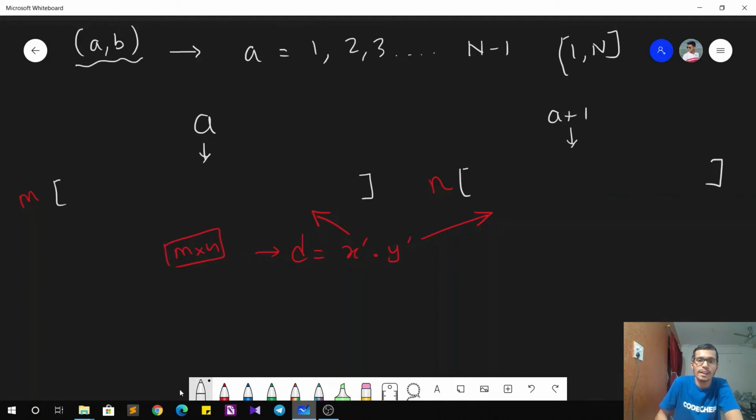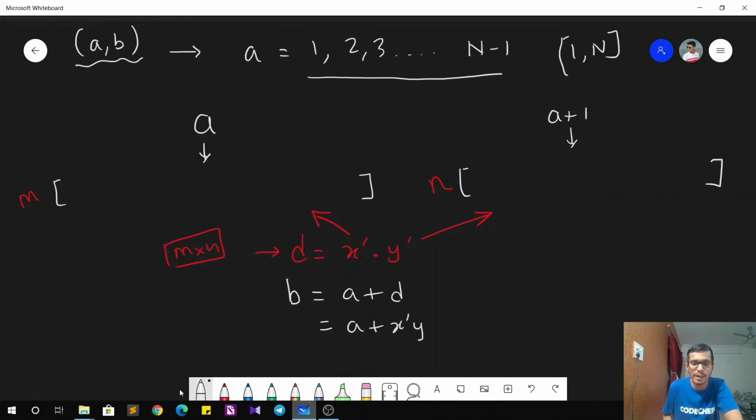So A already lies in the range 1 to n, as we can see, and we also know that B is written as A plus D, and if we substitute the value of D, then it is A plus x dash y dash, right? So B is equal to A plus x dash y dash, and now we have to apply the inequality that A plus x dash y dash should be less than or equal to n.